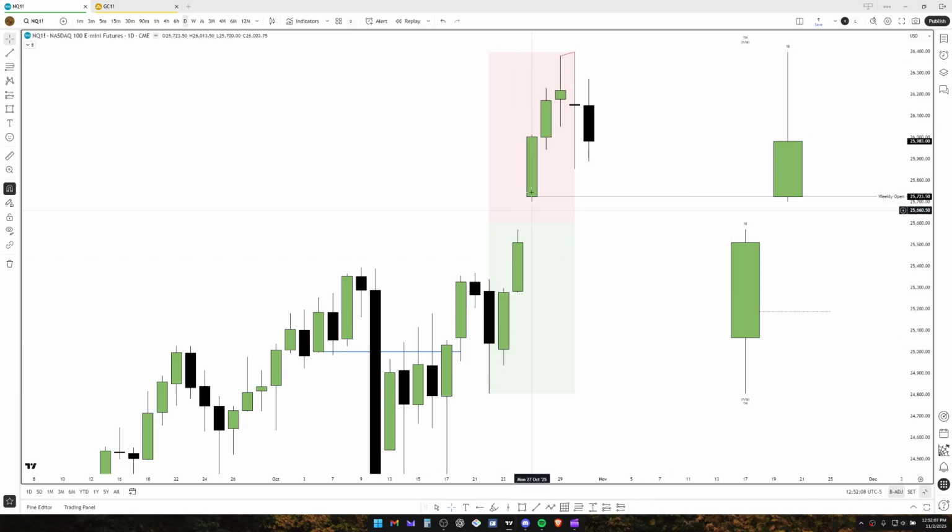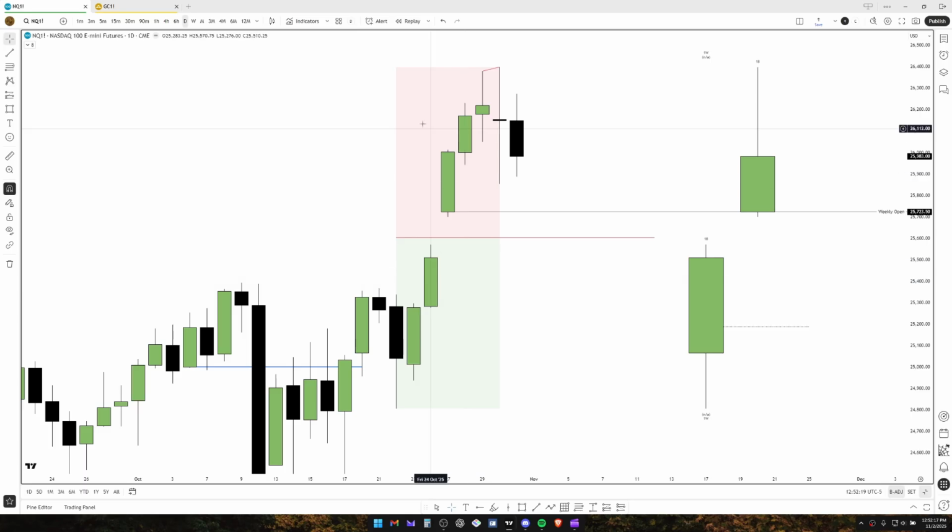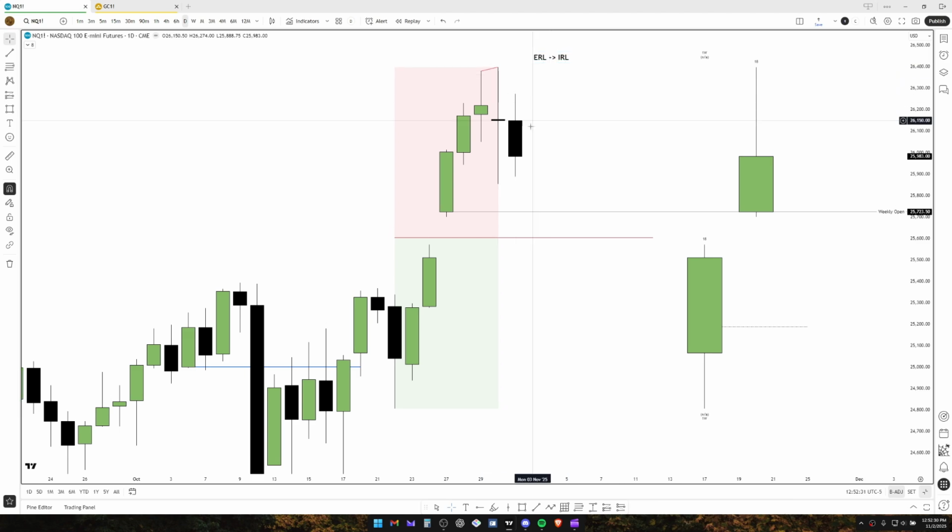So now that we've created the range, I want to see us come back to discount, because it's too expensive now. We're overextended up. This move from the upside would be external to internal range, because we're moving back into the inside of the range, right?